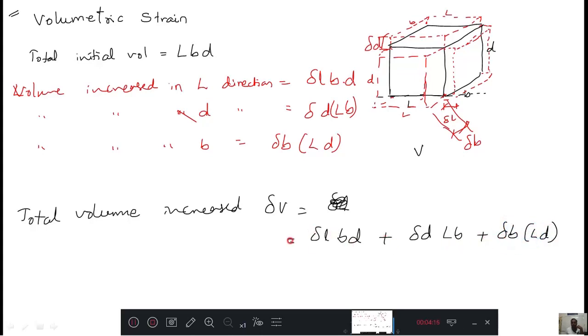This is the total volume increased, which I can write as delta V.